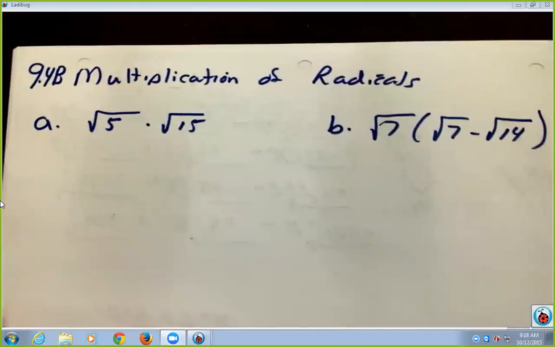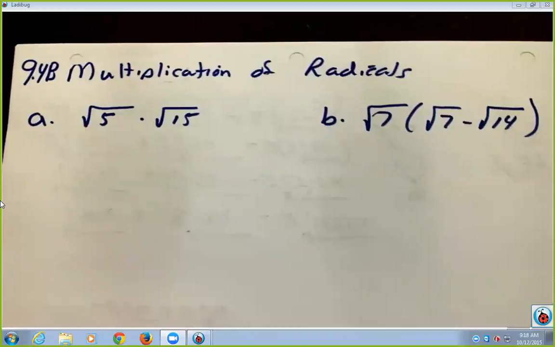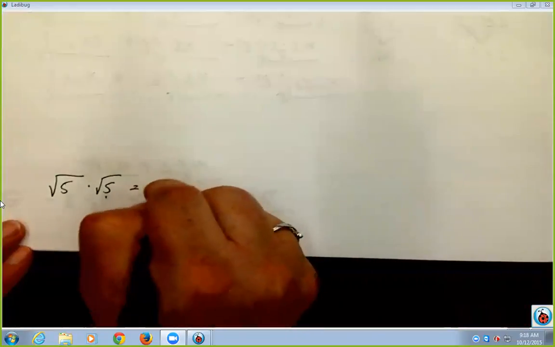The last section piece that we're going to do is multiplication of radicals. With the multiplication of radicals, any time that you take two identical radical pieces and multiply them together, the square root of 5 times the square root of 5, you are only going to end up with straight 5, okay?